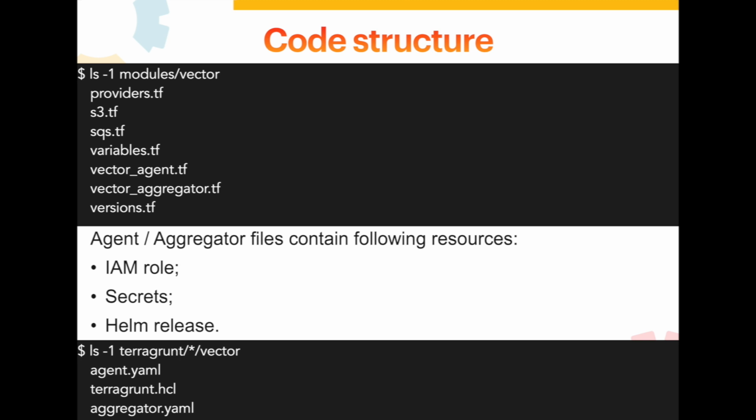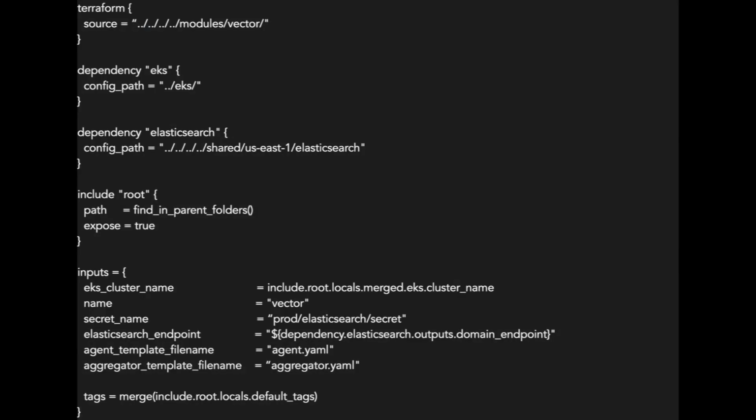In our Terragrunt folder, we have just the default Terragrunt file and some more specific values for each Helm file, aggregator and agent. Here is basically the configuration of Terragrunt. Nothing special. At the bottom of the screen, we can see that we are passing the agent and aggregator YAML files with all of our details and the parsing logic.